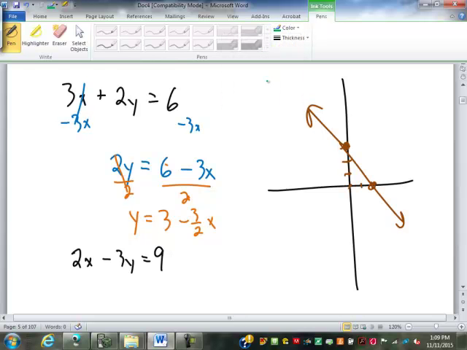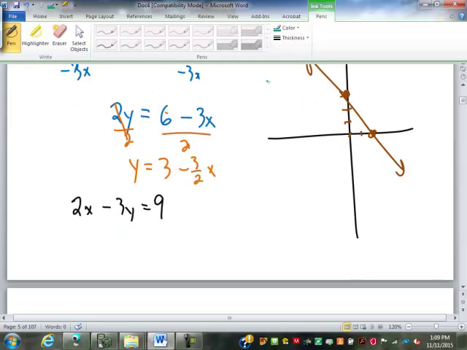Tell me what to do on this one. Subtract 2x. This is a negative 3y equals 9 minus 2x. And then divide by negative 3. So negative 3 is gone. Y equals, what's 9 divided by negative 3? Negative 3.